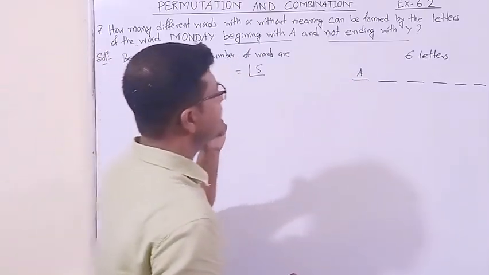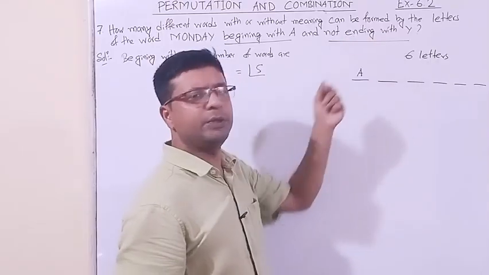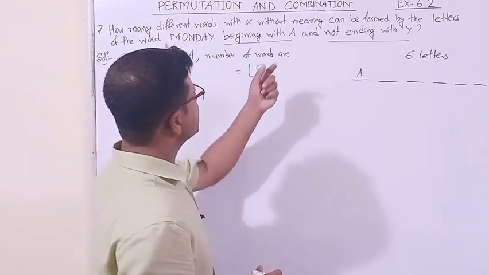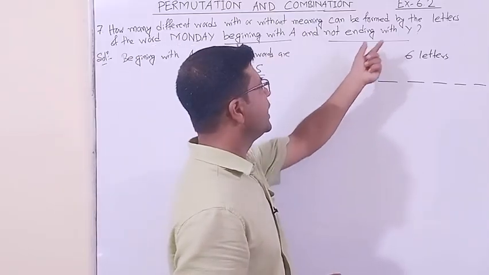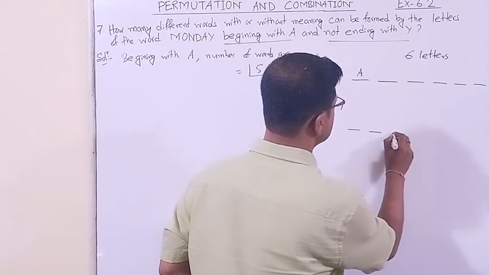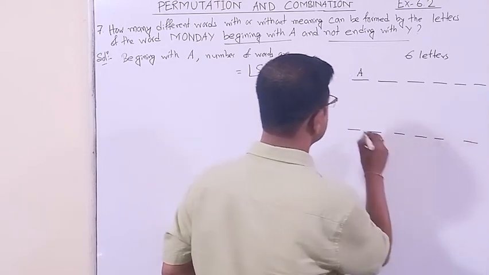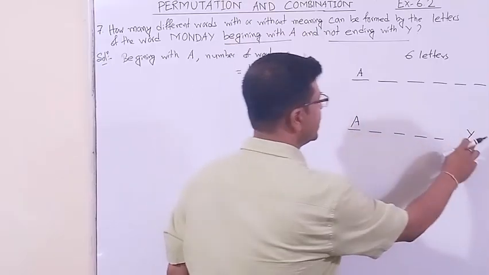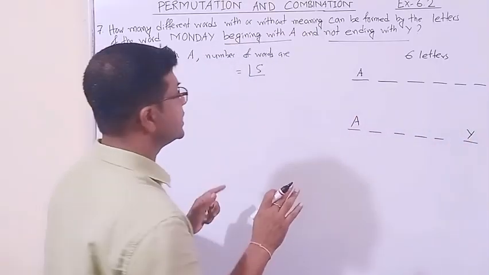But there is another condition given: not ending with Y. What we'll do is consider it in another way. We'll consider the words which begin with A and end with Y. That means 1, 2, 3, 4, 5, 6, with A at the beginning and Y at the end. Let us count how many such words there are.